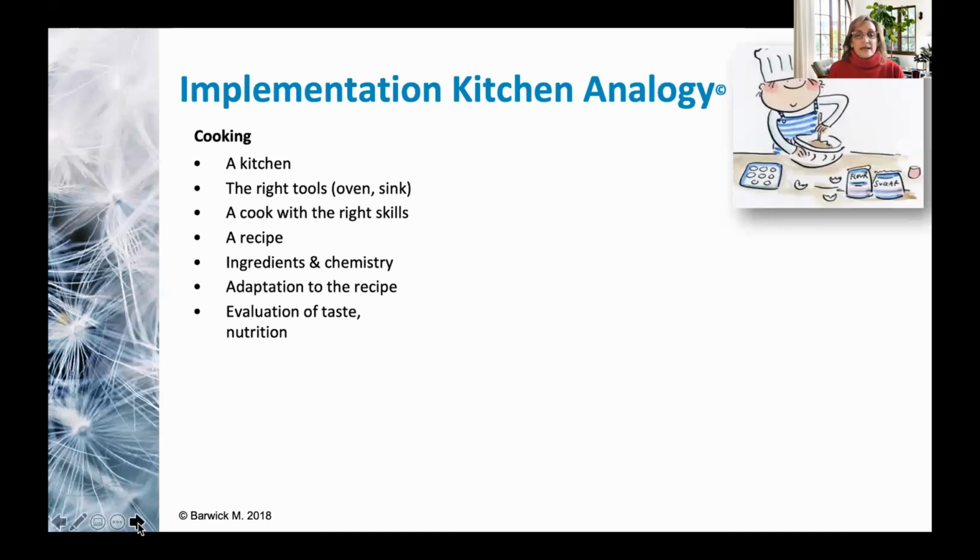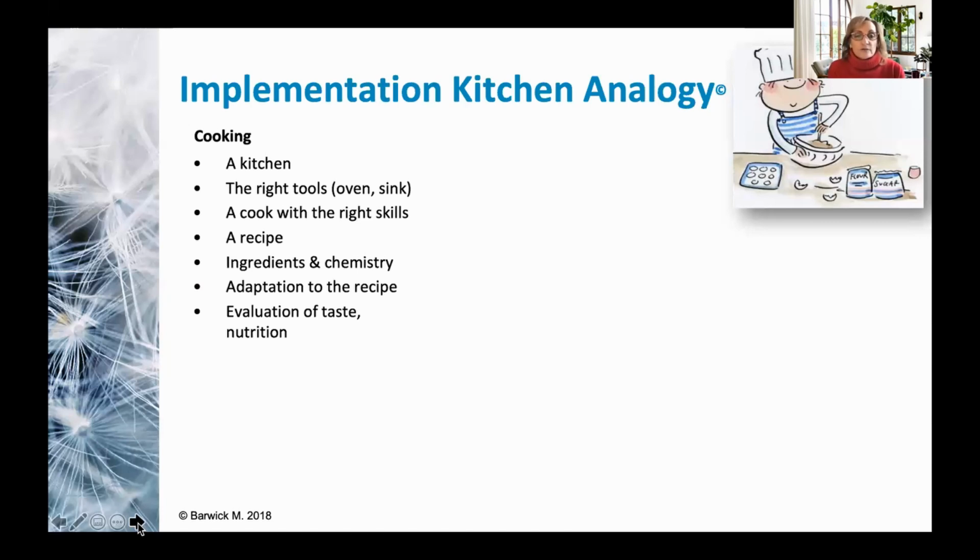And if you break it down and you think about cooking, you know that you need an environment, a kitchen of some kind. But that kitchen could be in a home, it could be in a school or an industrial setting, it could be a campfire. So remember, context is coming into play here. So you need a kitchen, you need the right tools, whatever tools you're going to need to cook this recipe.